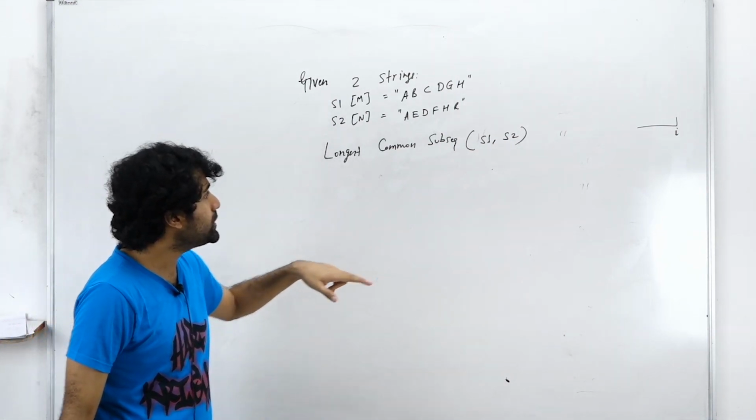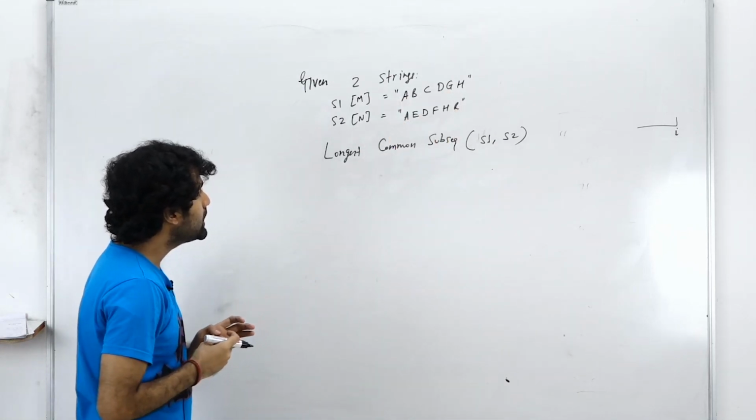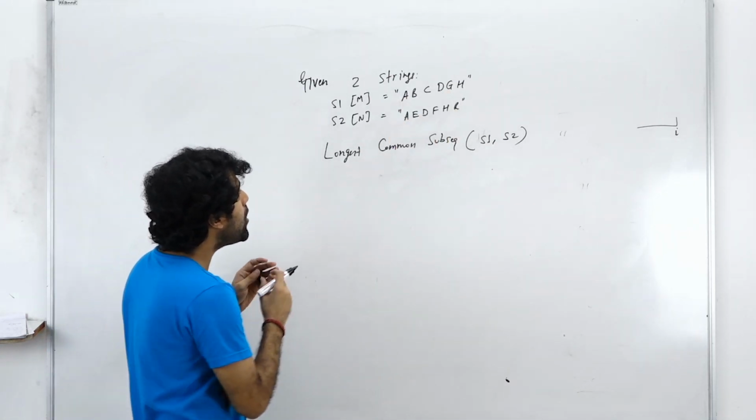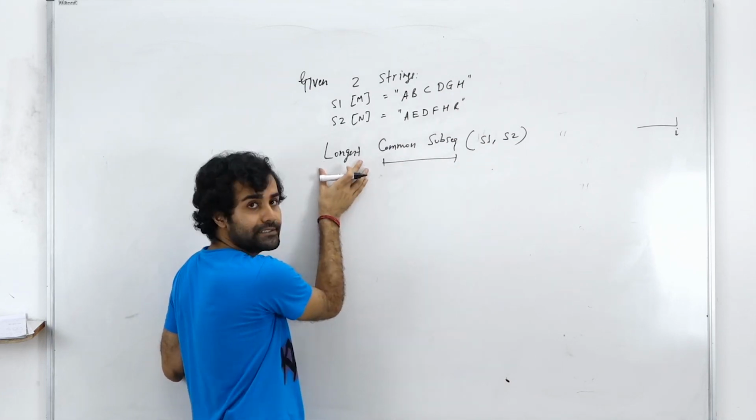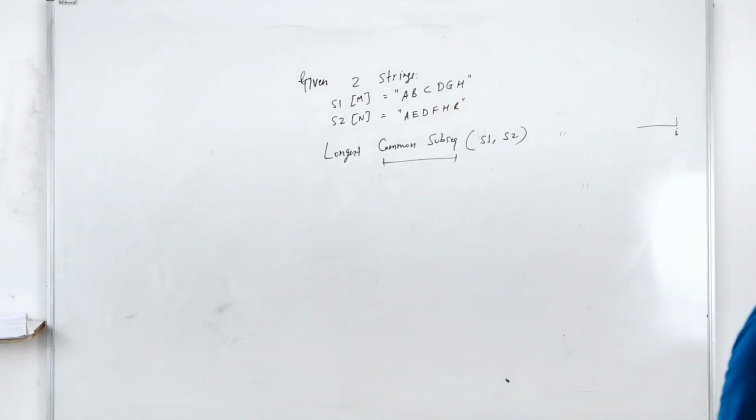If you talk about the two strings, this is my S1 and this is my S2, they have got multiple common subsequences. If you forget about the word longest, they have got multiple common subsequences. Can you type down certain common subsequences which both of them have got?